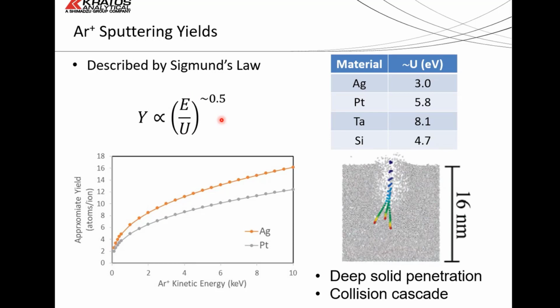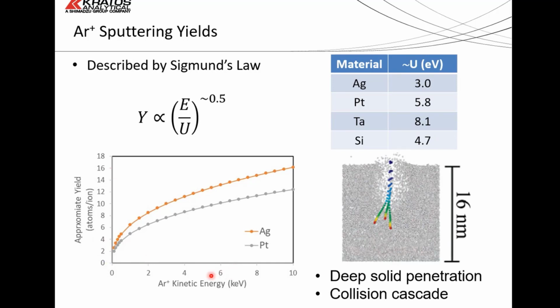It states that the yield is proportional to the beam energy, E, divided by U. U is the surface binding energy, but in elemental solids, it can often be equated with the enthalpy of sublimation. I've included a table of a few values of U for some elements, along with an example plot of data derived using Sigmund's law.